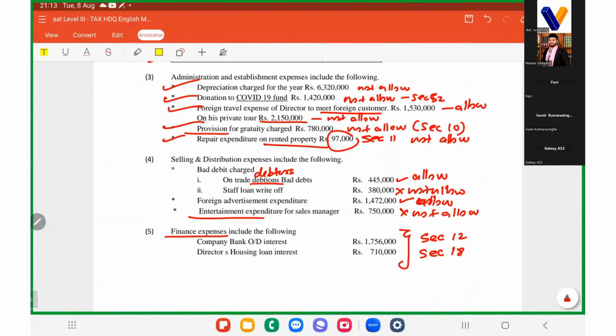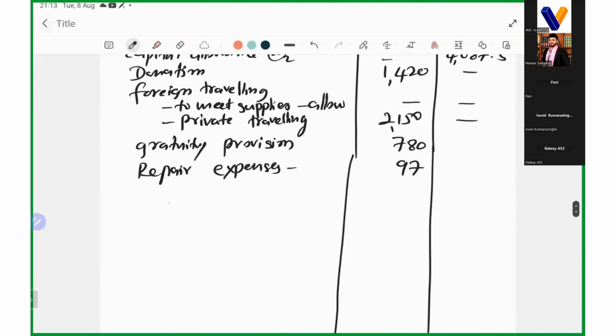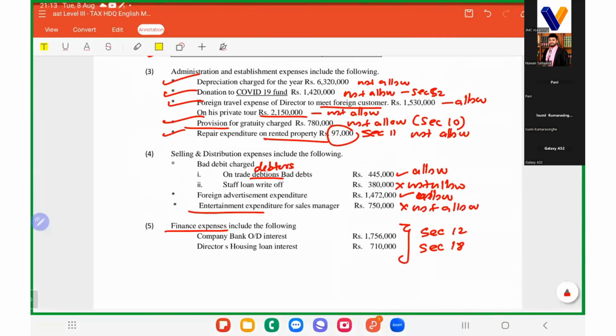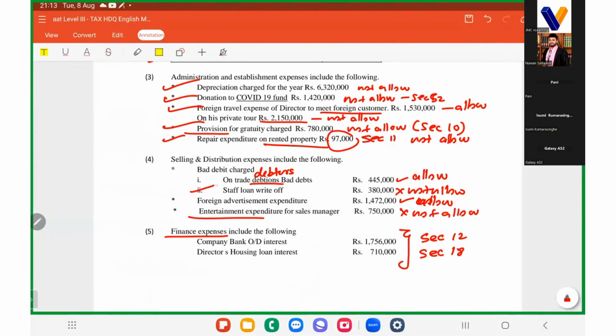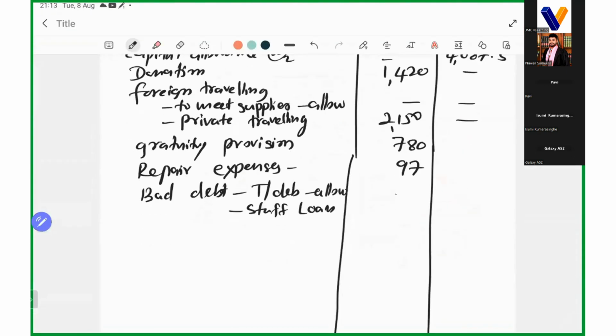So under selling and distribution, bad debts on trade debtors are allowed. Staff loan is not allowed. How much is the staff loan? 380. You need to add back.